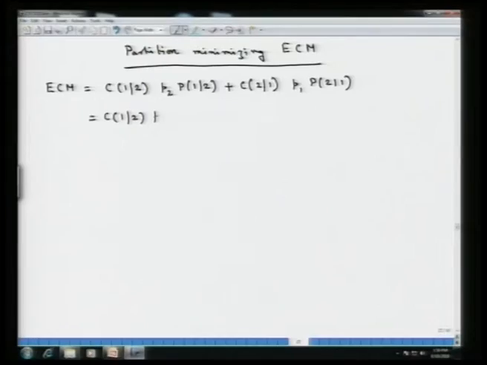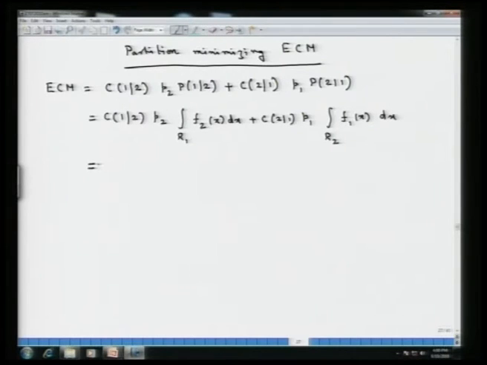So this can be written as: this is getting classified into 1, and hence this region is R1, and the object is coming from population number 2, so it has the density f2(x) dx. This plus C2 given 1 into P1. These small pi's are the a priori probabilities of the corresponding populations. This integral is over the region R2, because we are classifying it into the second population while it is coming from the first population, and hence we have this term here.